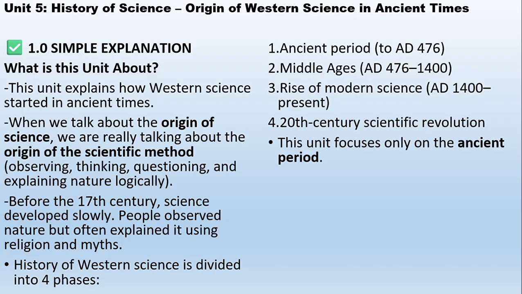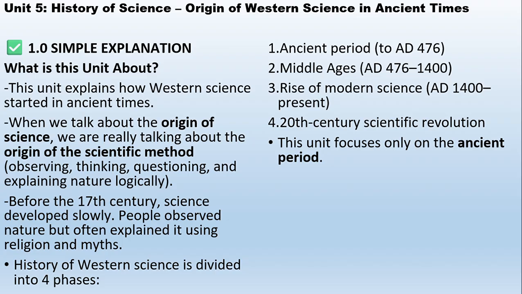So this is just an introduction to this course, a simple explanation about how Western science started in the ancient times. We want to look at the origin of Western science, how they started. When we talk about the origin of science, we are talking about how the scientific method originated.